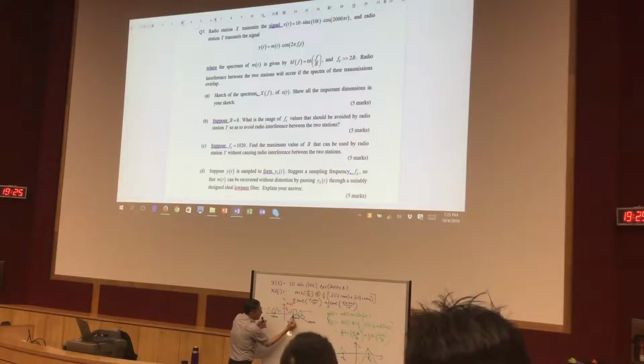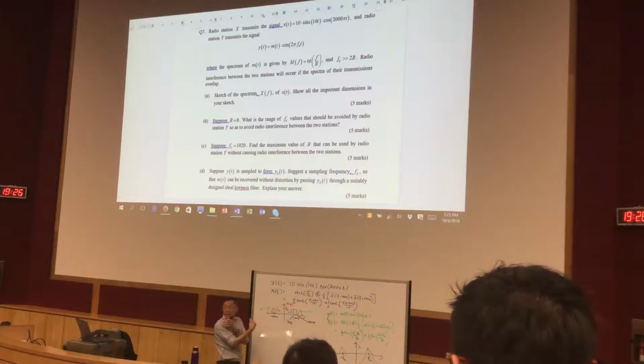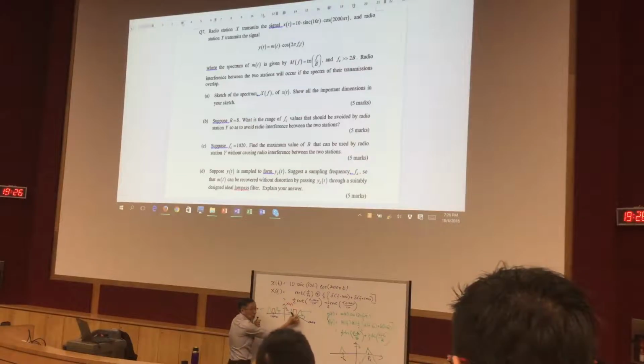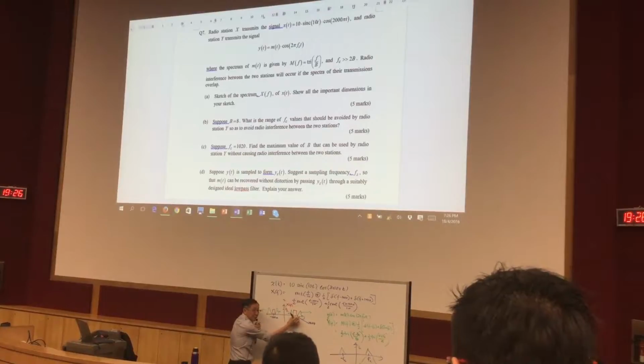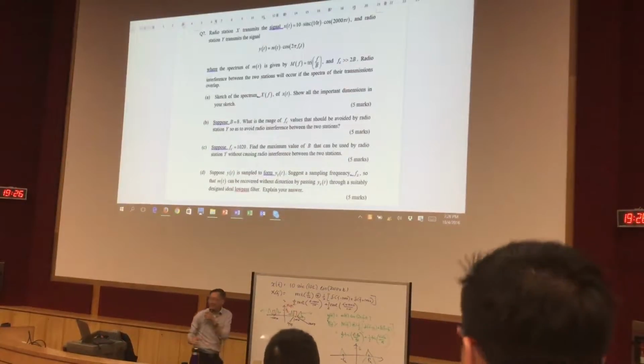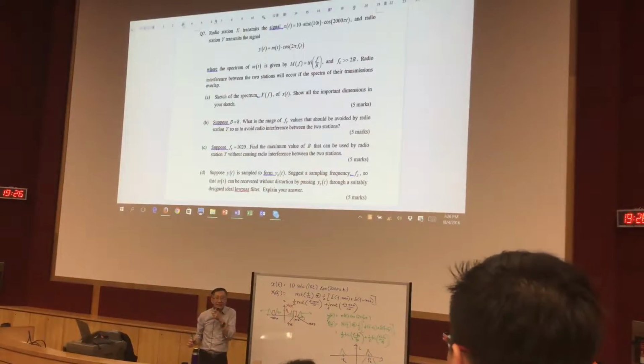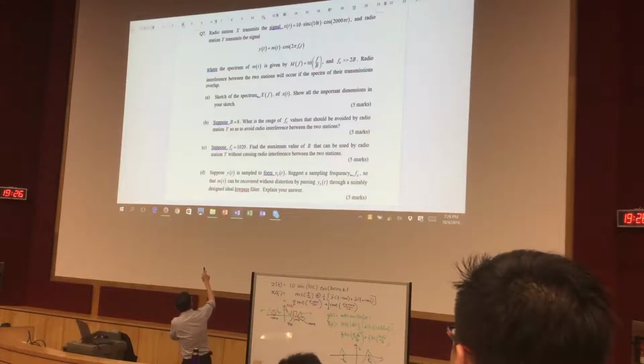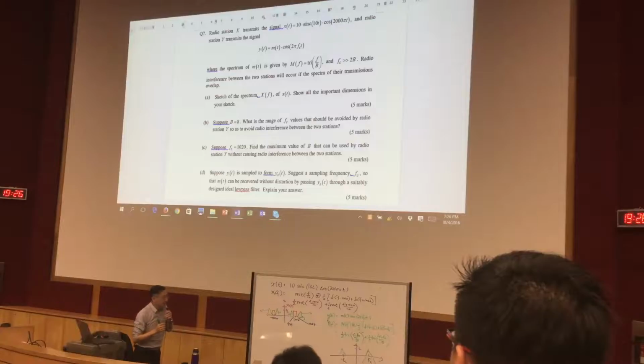Or 995 minus B, also okay. Okay? That is the range. So this is the no trespassing zone. Agree? So that's part B. Everyone follow me?